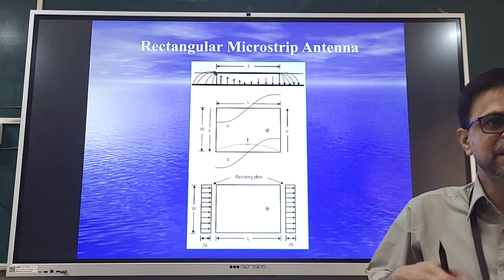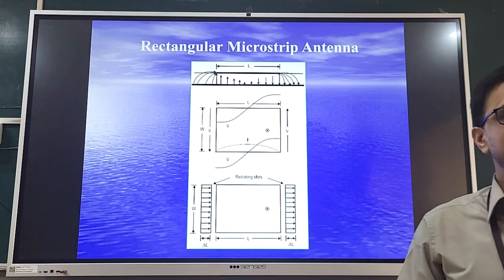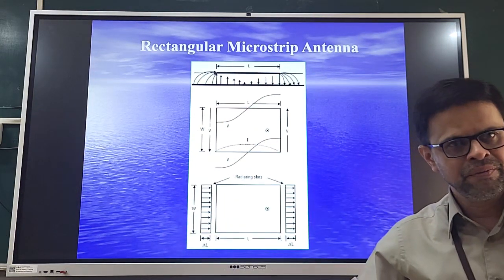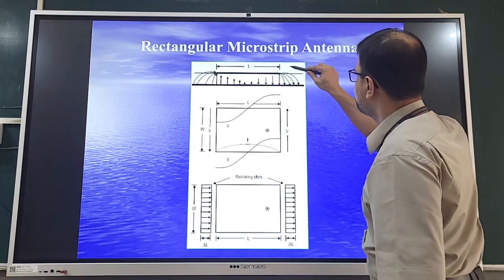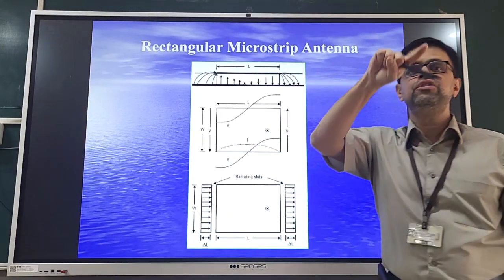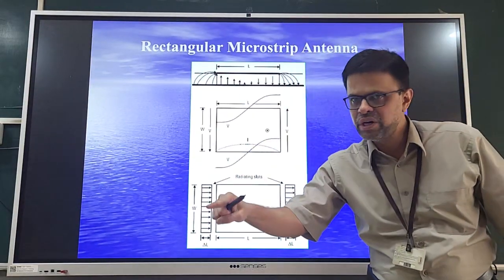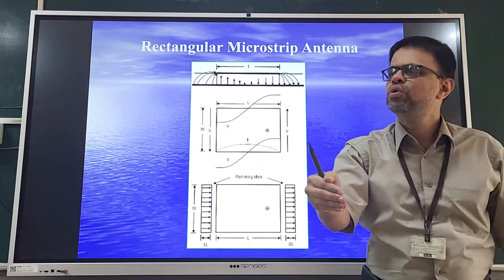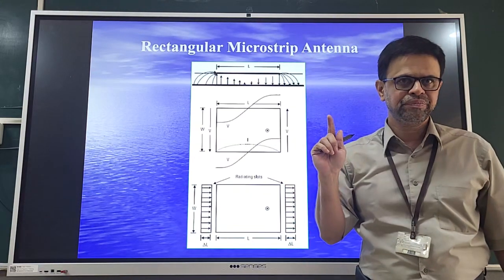For that, as an initial estimate, we say 50% of the fringing field is going through the air, dielectric and ground plane. That means this component is 50% in nature, going through air, through substrate to the ground, and the remaining 50% is directly going from patch to the ground through the substrate.